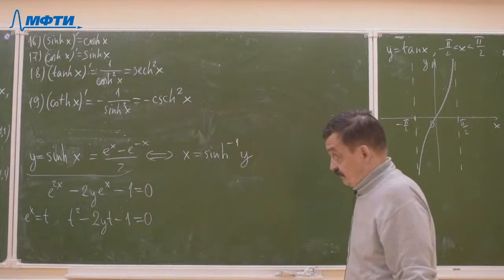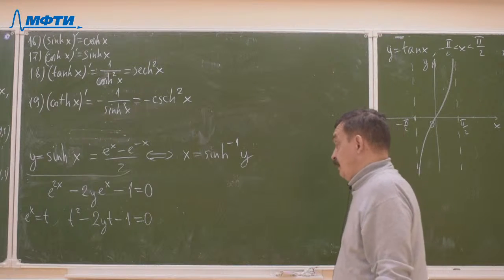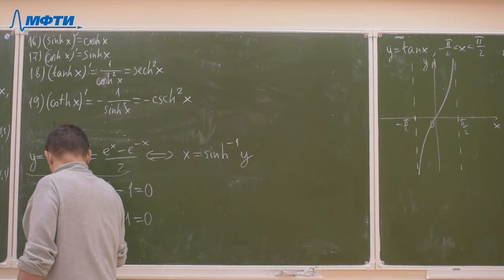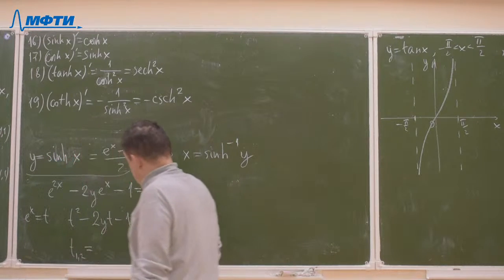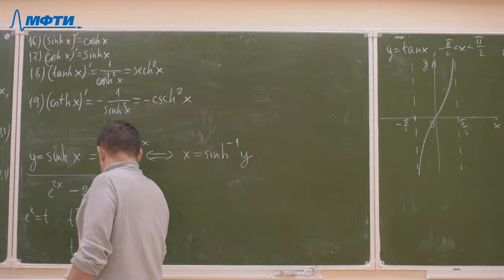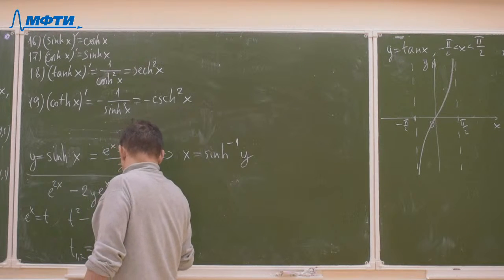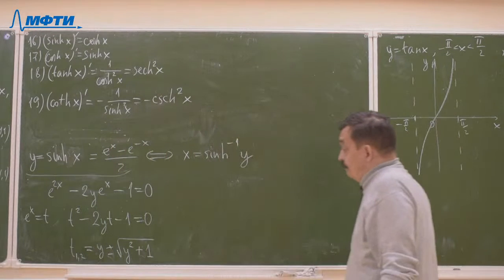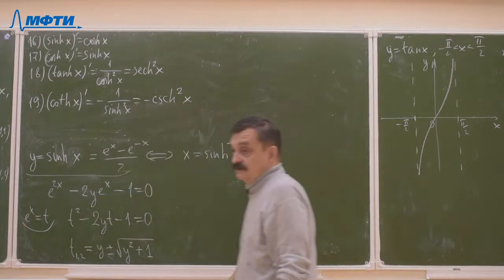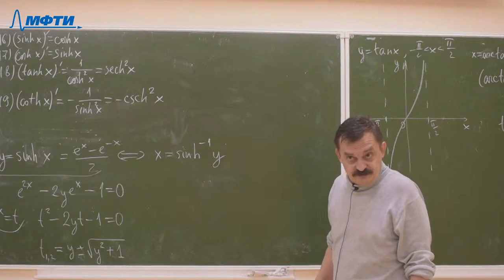This quadratic equation we can solve explicitly, right? So t has two roots. We can compute them by the formula y plus minus square root of y squared plus 1. But remember that this t should be a value of an exponent, hence it should be positive, right?